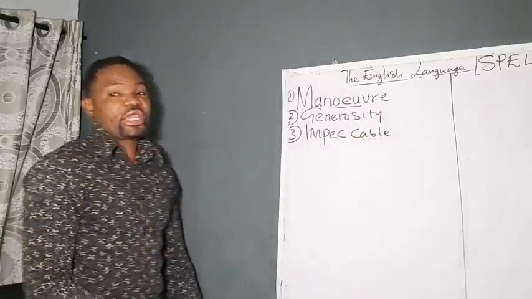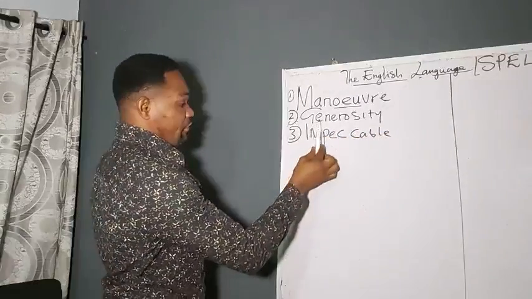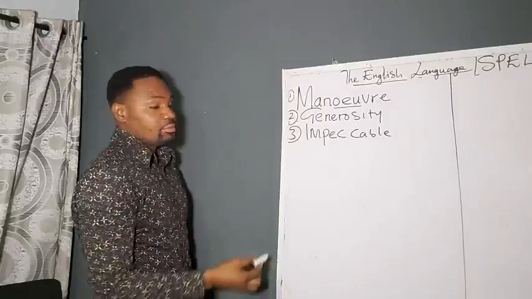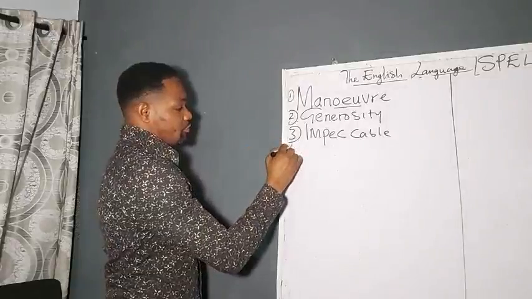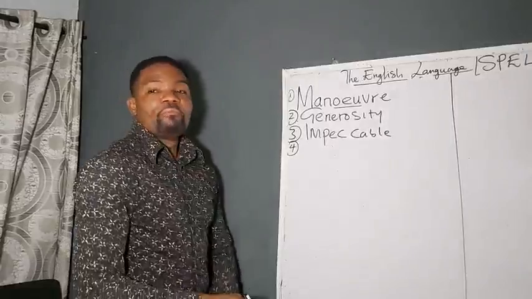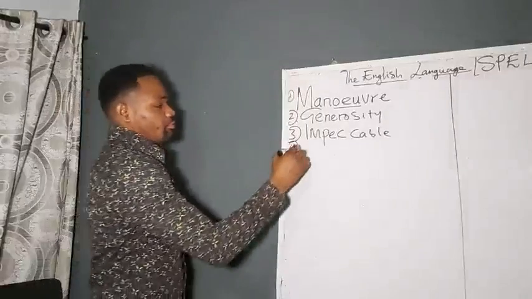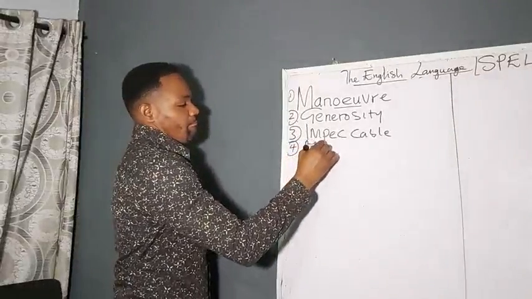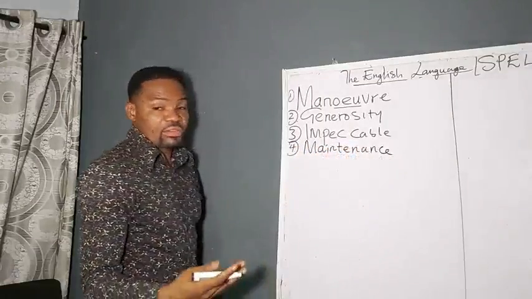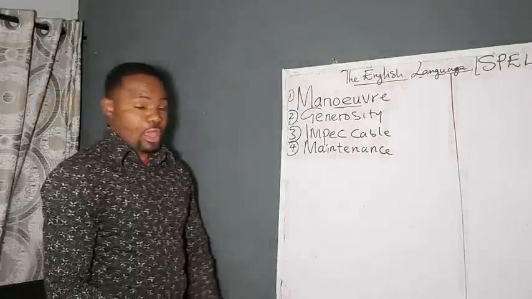So you see the way it goes now. Because if you break the syllables, it's going to have impeccable. So followed by the next one, which is maintenance. Wow, at least so many of you will get this right at home as well.